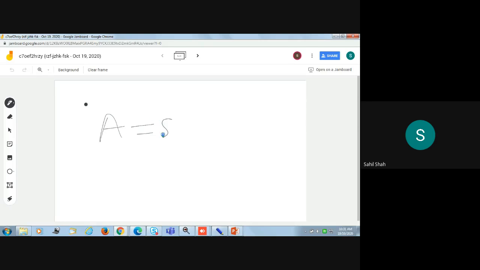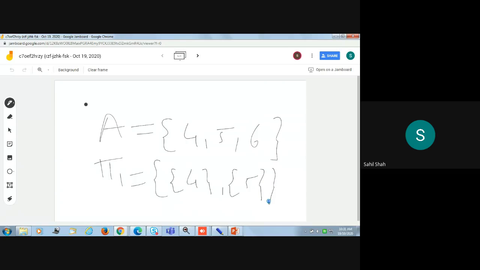So let us say it is 4, 5, 6. And I'm writing pi1 equal to... Whether pi1 is a valid partition. First question. Whether pi1 is valid? You can say yes or no on that line. You can access your Jamboard.